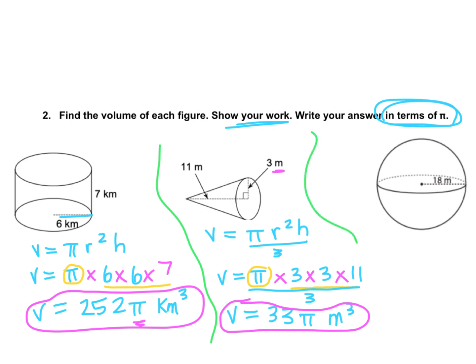And then our last shape is a sphere. When you check your formula sheet, it's 4/3 pi, and then the radius to the third power. Don't forget about that. So we're going to do 4/3. Do not type in the pi because it's in terms of pi. And then we need 18 to the third power, 18 times 18 times 18.